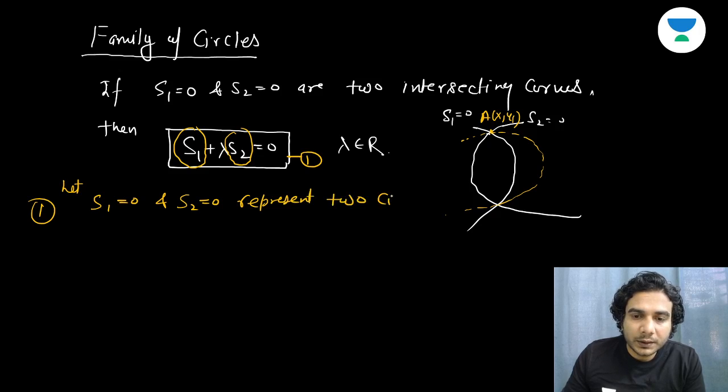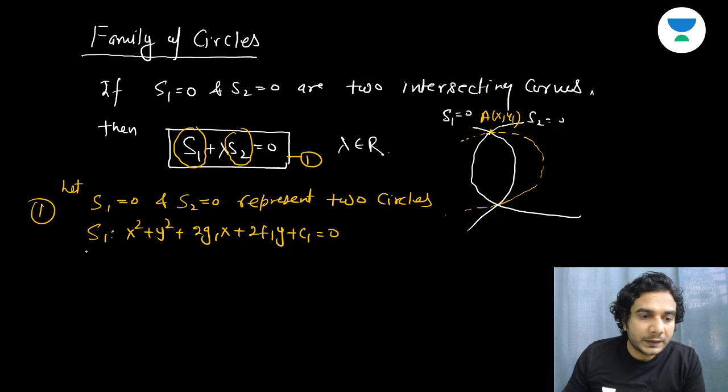First circle S1 I'm taking as x square plus y square plus 2 g1x, general equation, plus 2 f1y plus c1 is equal to 0. And S2 I'm taking as x square plus y square plus 2 g2x plus 2 f2y plus c2 is equal to 0.